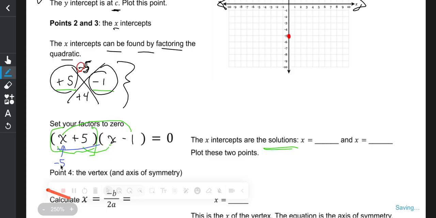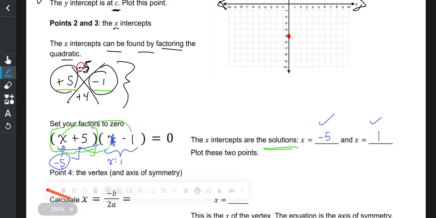The answer is -5, because -5 plus 5 is 0. So that's one of our solutions, and this is going to be an x-intercept. How about for this one? What x would make this 0? If x is 1, this becomes 0, and that's what we want. So the other solution is 1. That's our second x-intercept.